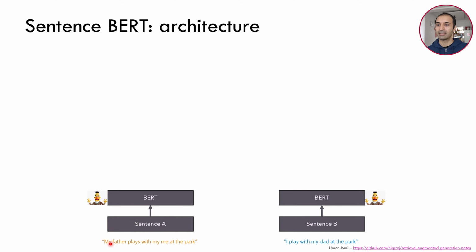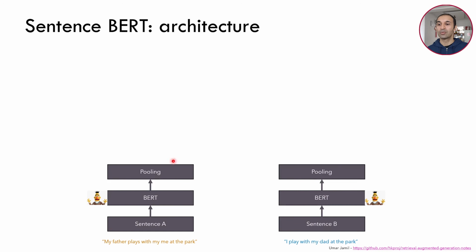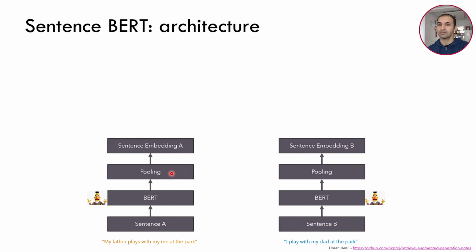For example, this one may be 10 tokens and this one may be 8 tokens. We feed it to BERT, which will produce output of 10 tokens and 8 tokens. Then we do the mean pooling that we did before. So we take all these output tokens and we calculate the average of them to produce only one vector of dimension 768 in case we are using BERT base, or bigger in case we are using a bigger BERT.